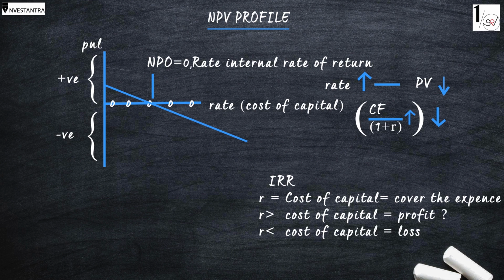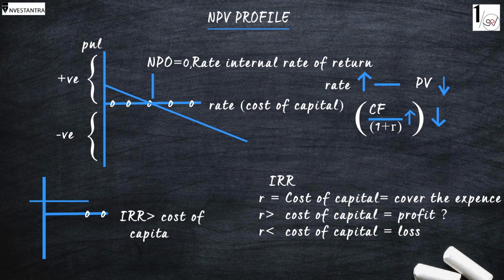Let's say IRR is over here, I'm just drawing a quick schematic. If IRR is over here and this is greater than the cost of capital, here is where NPV is 0, right?